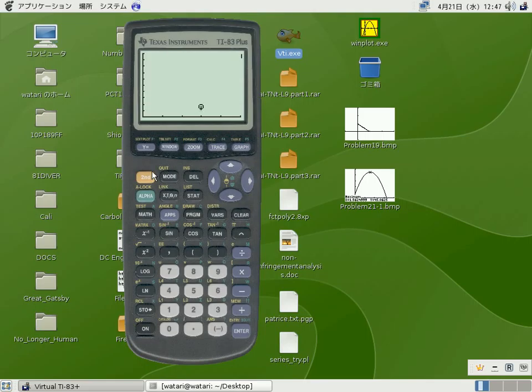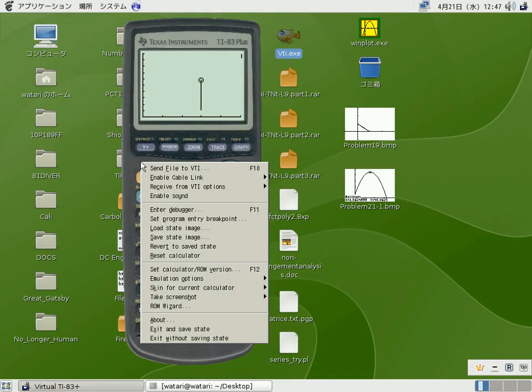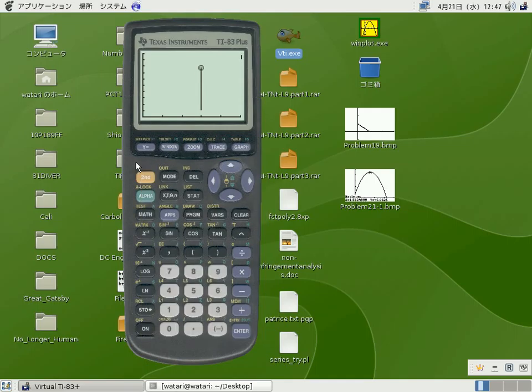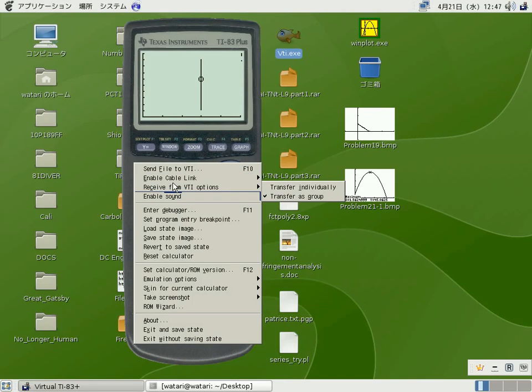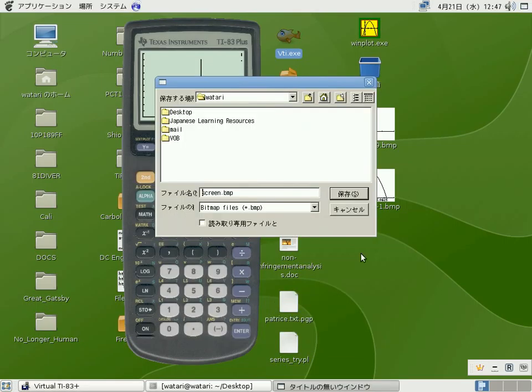Let's take the screenshot about there. Or maybe a little bit more. Maybe when it's coming down. So we'll take our screenshot there. Actually, that doesn't look good. Take our screenshot there. And we'll make that the one for problem 21 part 2, in case you want to incorporate these into your homework when you turn it in.